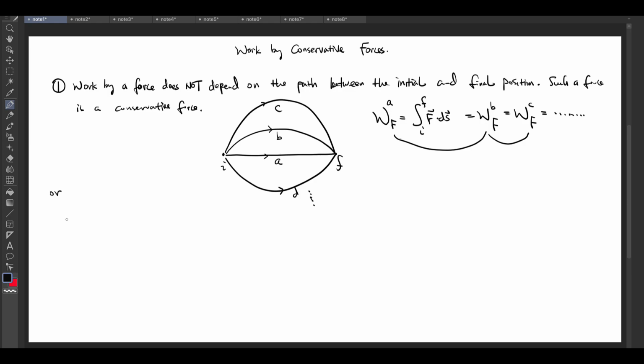Now if the force satisfies the second condition, then it's also called a conservative force. What is this definition?